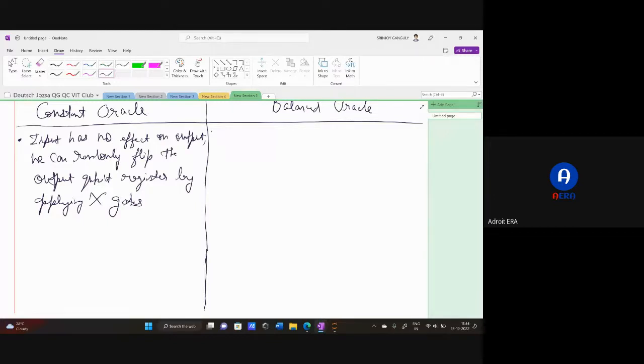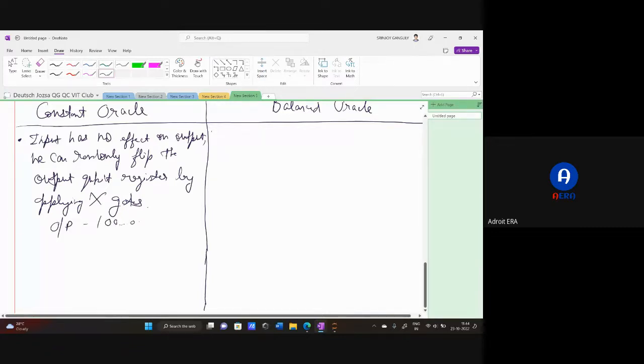You have universal quantum gates too, right? So many things are there, but let us take the simple approach, which is easy to understand. But remember, there are other approaches as well. And what is the algorithm output for the constant oracle? If it is a constant oracle, then the algorithm output will be an all-zero string.